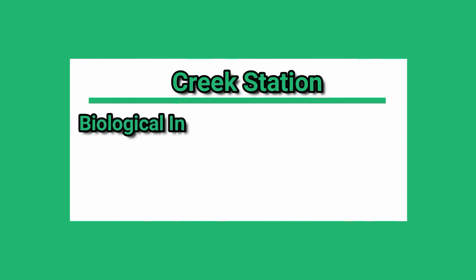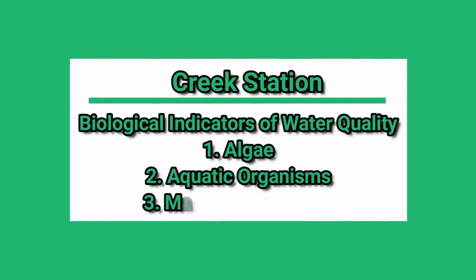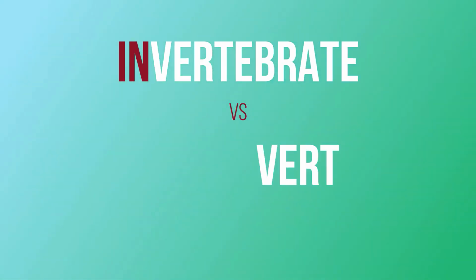Our final water assessment involves measuring biological signs. Biological indicators of water quality include algae and aquatic organisms like macroinvertebrates. To measure these populations, researchers conduct field inventories using dip nets and other apparatuses. But before we can do that, there are a couple of terms we need to discuss. Invertebrates versus vertebrates.